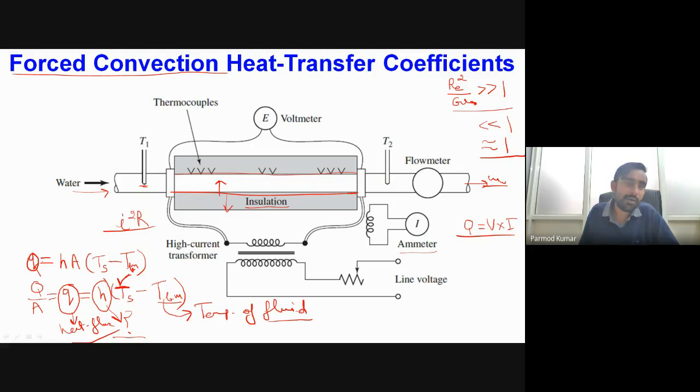Now, what will be happening if I take that my flow is fully developed, hydrodynamically or thermally fully developed? In that case, we will have a uniform velocity profile at each and every cross section along the length of the pipe, and the nature of the velocity profile will not change, if flow is hydrodynamically fully developed.